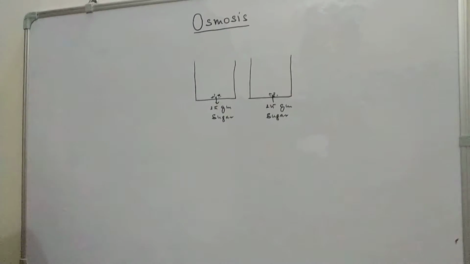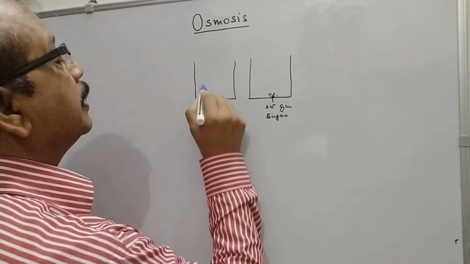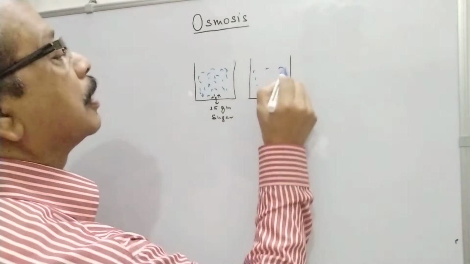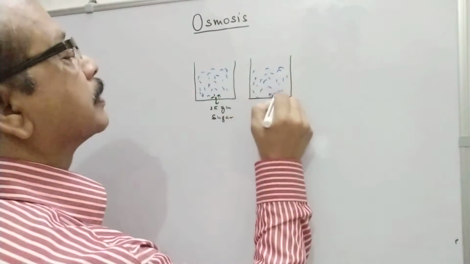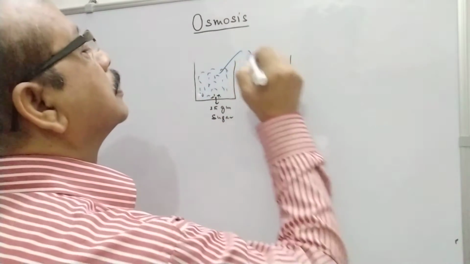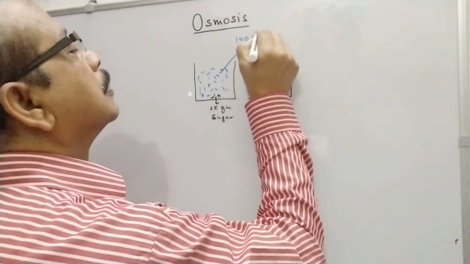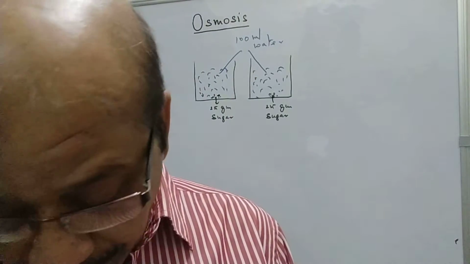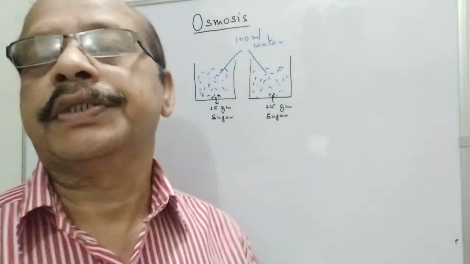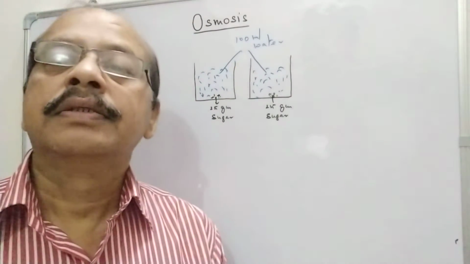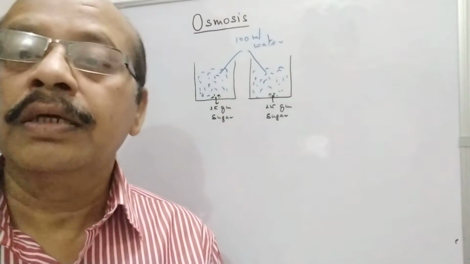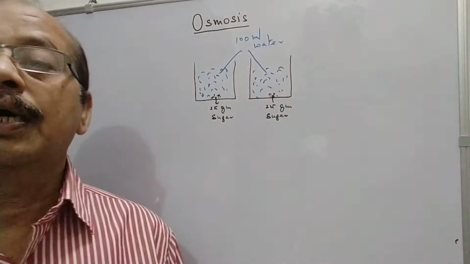Now fill these beakers with 100 ml of water. Now when I ask you which is sweeter, you will tell that the concentration of both the solutions is equal, so the taste of both the solutions is the same.